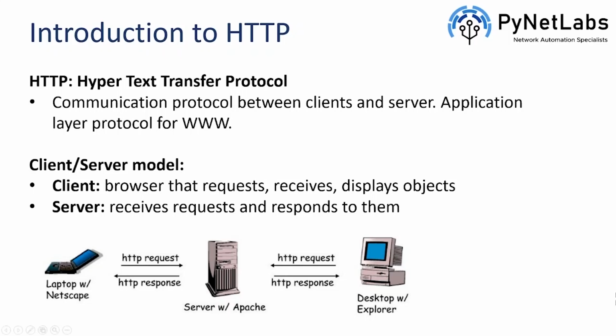In this scenario, we have a laptop on one end, a desktop on the other end, and a server. The laptop, in order to look for the applications provided by the server, will send the HTTP request, and the HTTP response will be given by the server. Similarly, if there is a desktop, it is going to be the same. So HTTP is the one which is basically acting behind your devices when you open google.com or youtube.com.